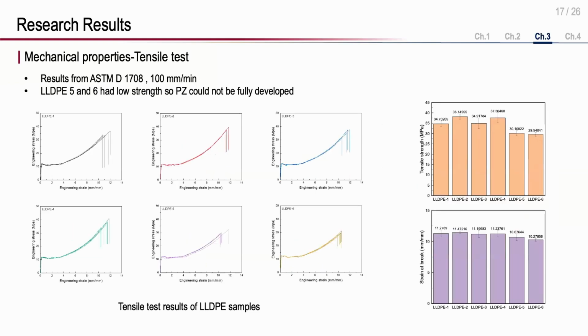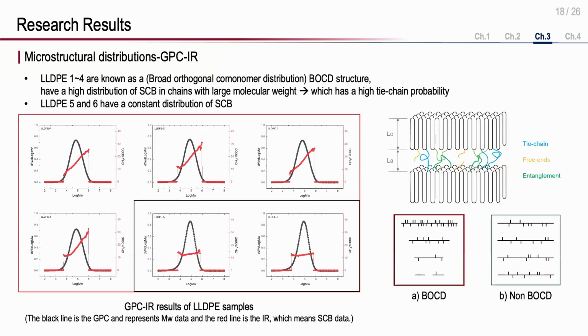And these are the tensile test results. LDP 5 and 6 had low strength, so the PZ could not be fully developed. And then these are the GPC-IR results of the LDP samples. The black line is the GPC and represents the molecular weight data. And the red line is the IR, which means the short chain branch data.